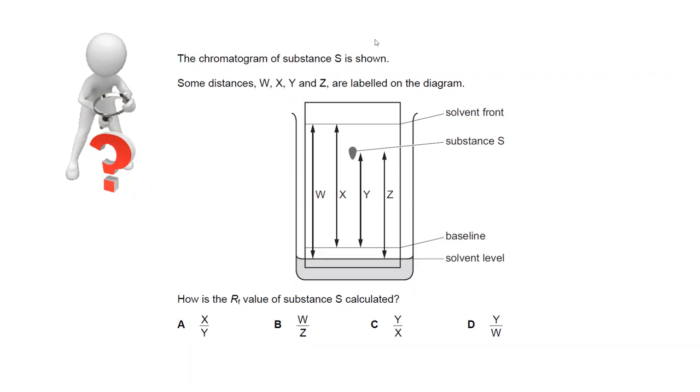So the right answer for this question is y divided by x, because distance moved by spot is y and distance moved by the solvent front is x. So the correct answer is C. Is it clear to everyone? So instead of mentioning the numbers here, sometimes they mention the number, but sometimes they mention the variable letters.